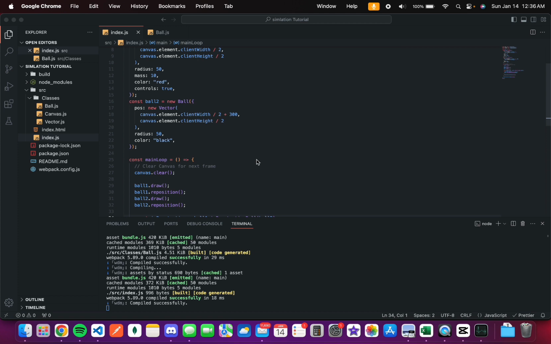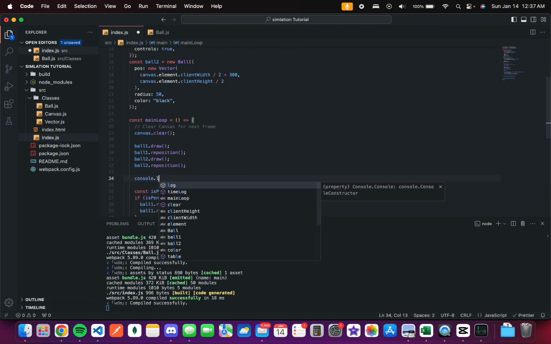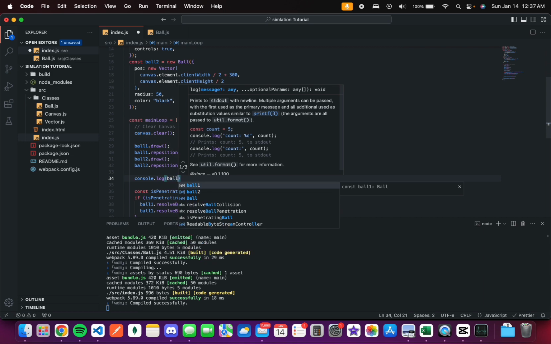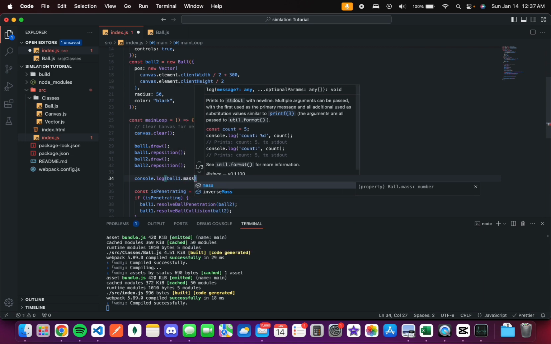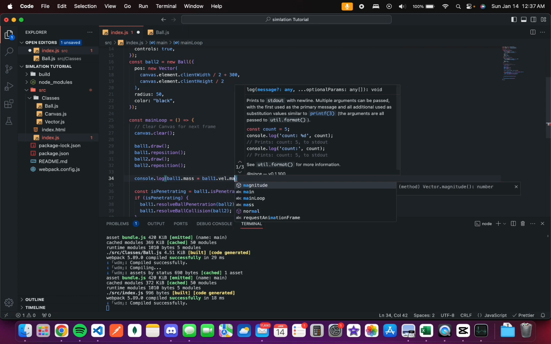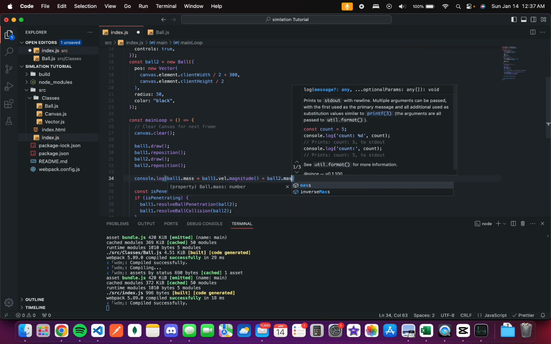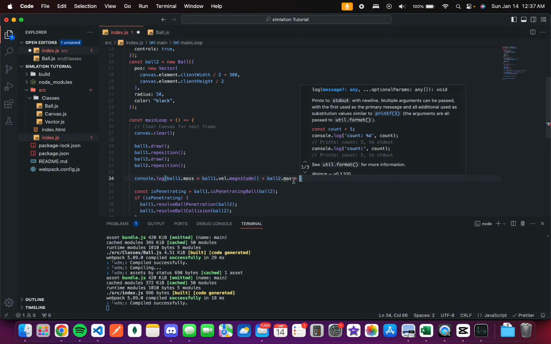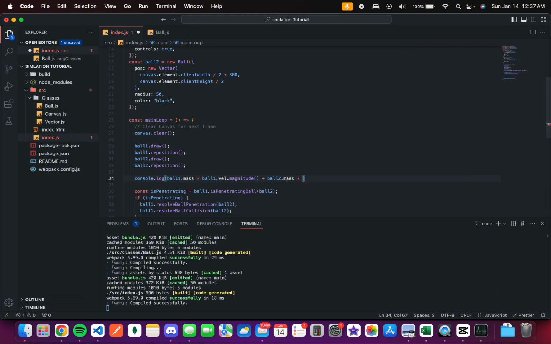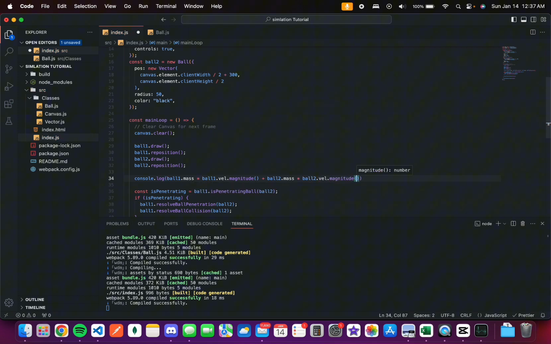And so one last thing before we leave, I just want to check whether or not the momentum is being conserved throughout both of the balls. So let's just console.log ball1.mass times ball1.velocity.magnitude plus ball2.mass times ball2.velocity.magnitude.